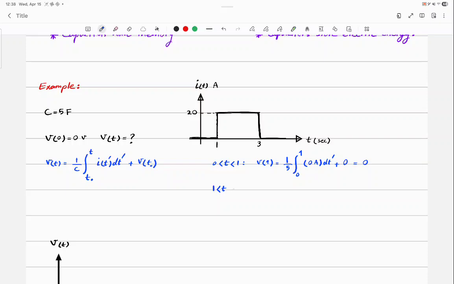For t between 1 and 3, V(3) is equal to 1 over 5, integral with bounds 1 to 3. The value of current, 20 amps. The initial value, 0. Equal to 20 over 5, which is 4, multiplied by 2 is 8.